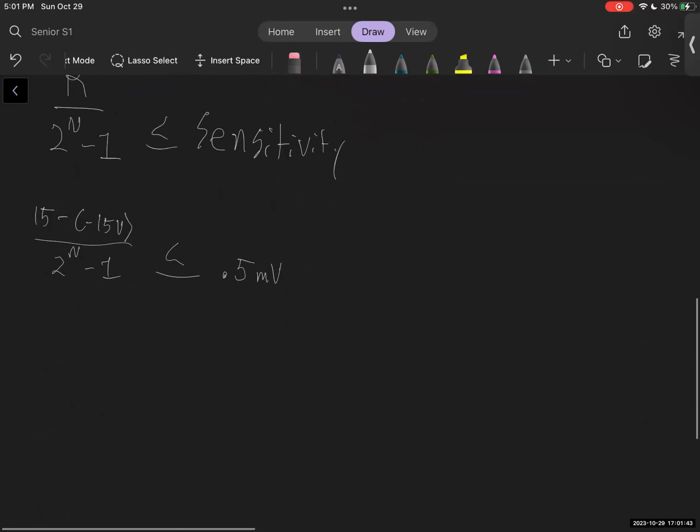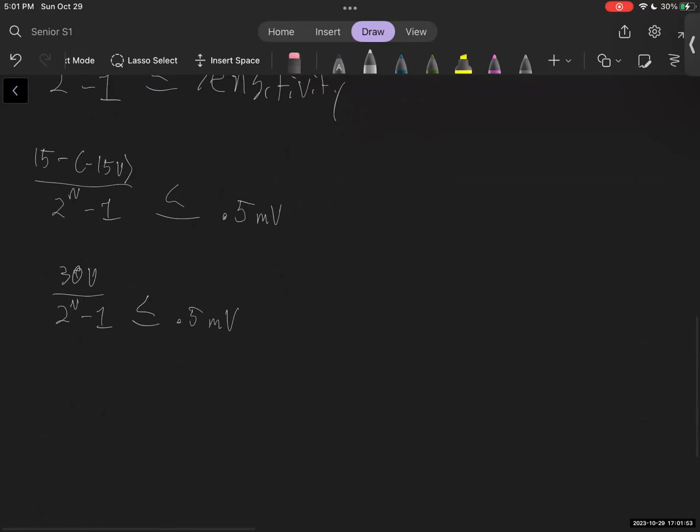So we can simplify this down to 30 volts over 2 to the power of N minus 1 is less than or equal to 0.5 millivolts. Now we can multiply our 2 to the power of N minus 1 over and divide by 0.5 millivolts. That gives us 30 volts divided by 0.5 millivolts is less than or equal to 2 to the power of N minus 1.